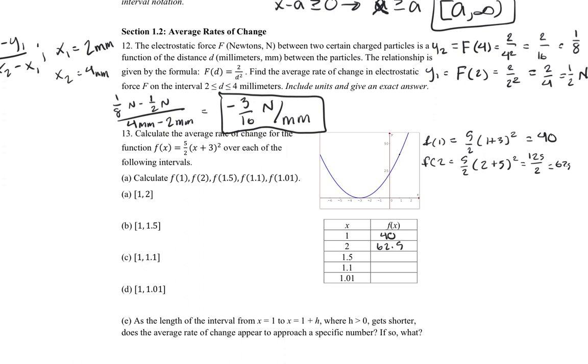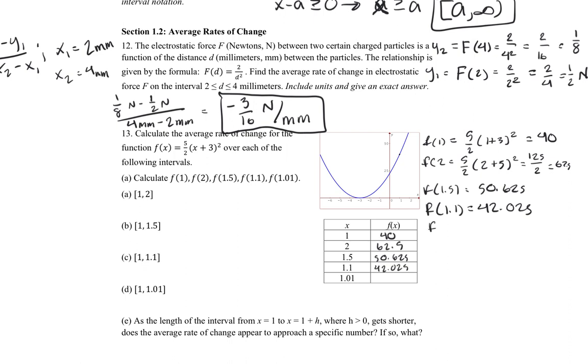All right, then f of 1.5 is going to be the same thing. If you do that, that's going to equal 50.625. And then f of 1.1 is going to equal 42.025.